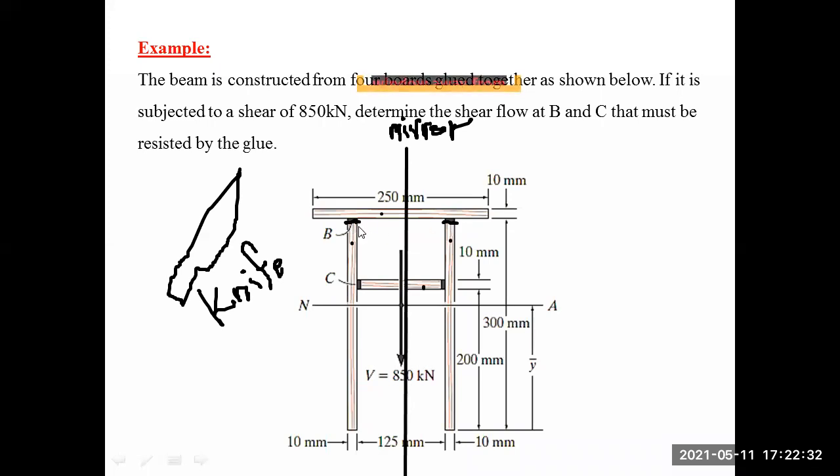Yes or no? It's clear enough to know that yes, this part would get disconnected, right? Because it's glued at these two points.